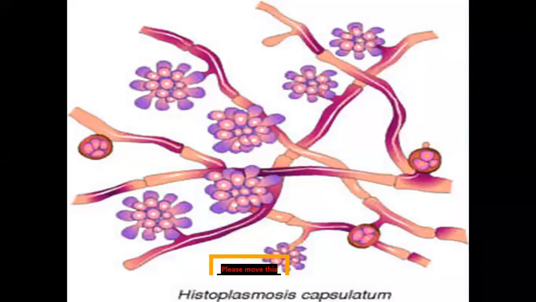Histoplasma or histoplasmosis, this is a hyphal fungus with buds or spores in groups. So these are actually spores, and they are in the form of a flower perpendicular to the hyphae. See this?